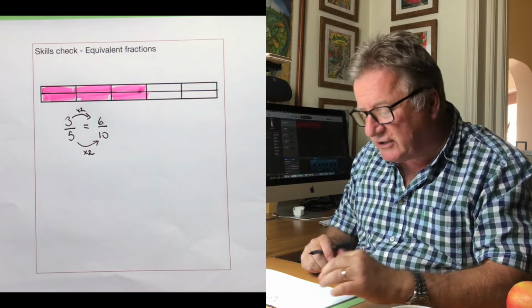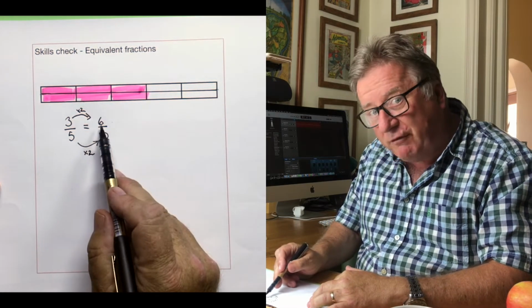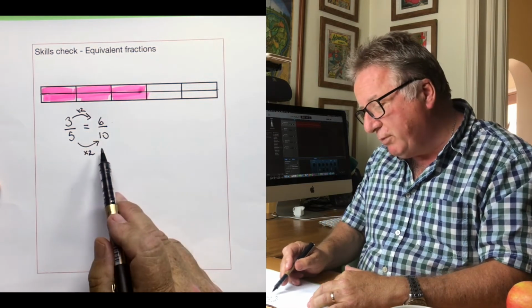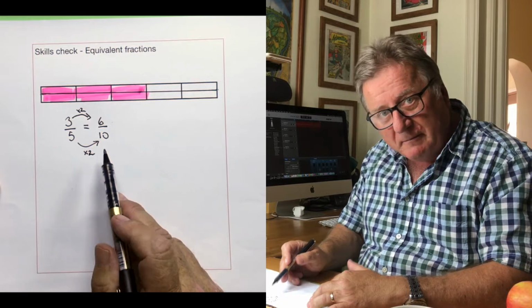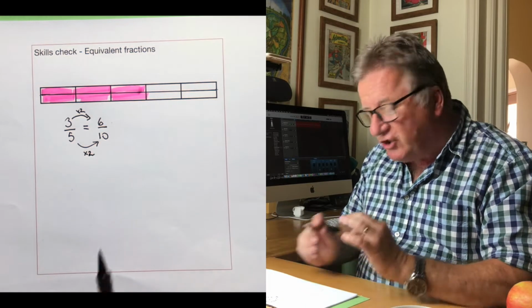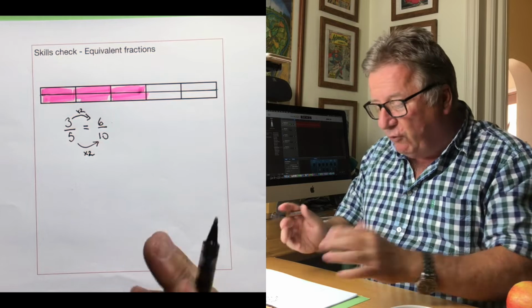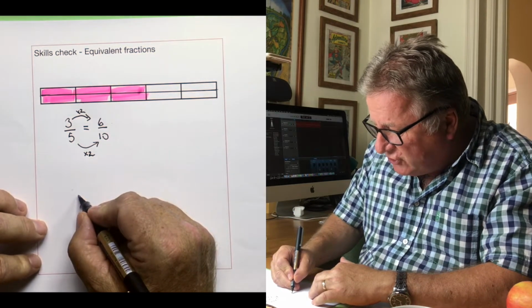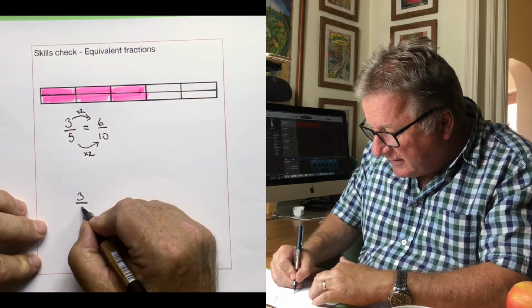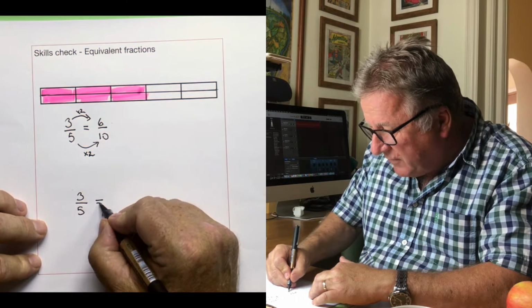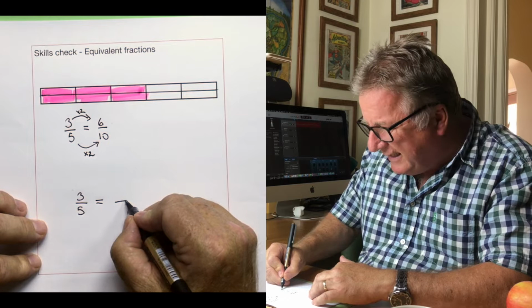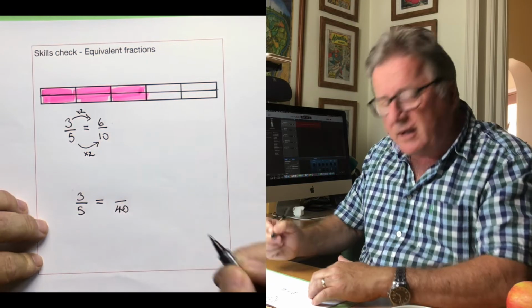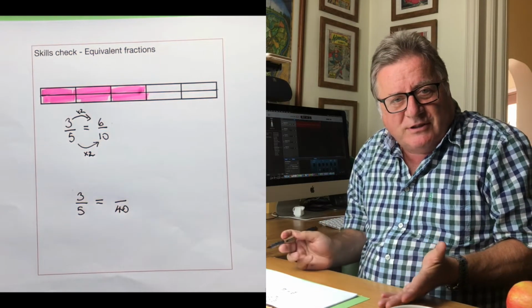Equivalent fractions: whatever you multiply the top of the fraction by, you multiply the bottom of the fraction by. And there you have it. Just a quick one to check in before we get started. If I want to change 3/5 to 40ths, and you will find this will be a key skill, then how many times does 5 go into 40?